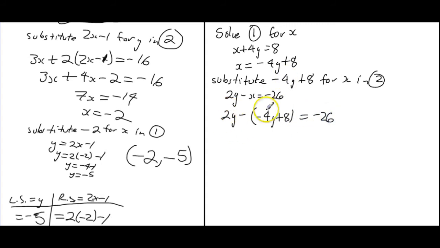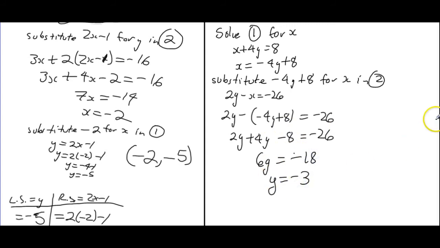And you notice now we simply have an equation in y. So this is going to be plus 4y minus 8 is negative 26. Add these two together, 6y. Add 8 to both sides. So this will be negative 18, and y is equal to negative 3.